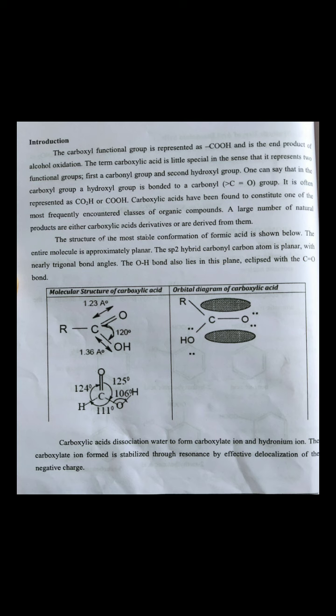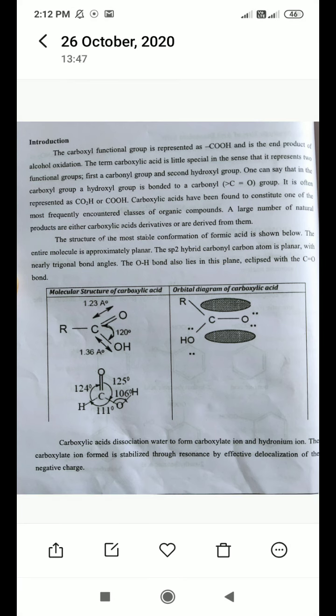Here the term carboxylic acid is a little special in the sense that it represents two functional groups: first a carbonyl group and second a hydroxyl group. Means this particular carboxylic acid is made up of two different functional groups.